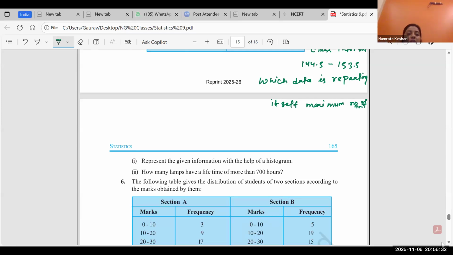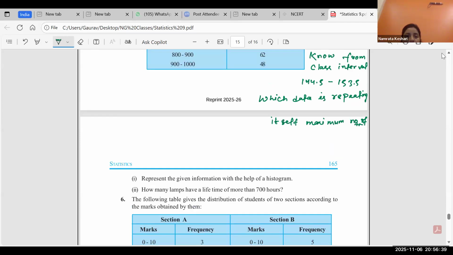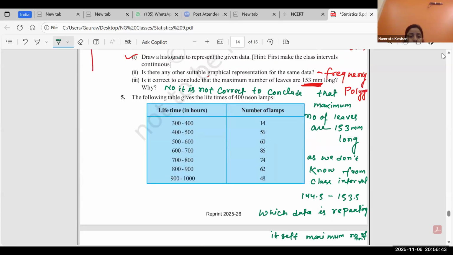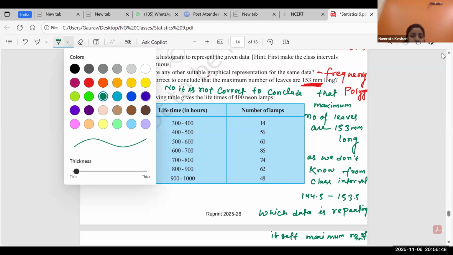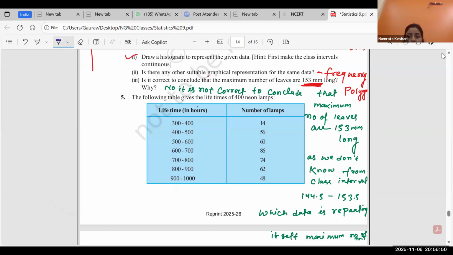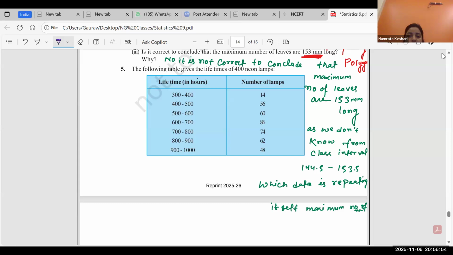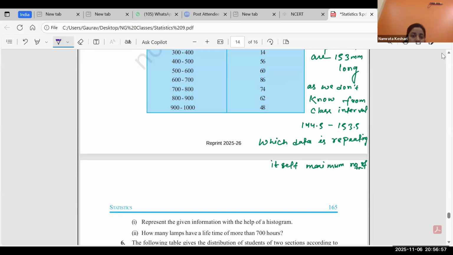Now it says how many lamps have a lifetime of more than 700 hours. Here we will be able to find approximately more than 700. This class interval we will be taking, because 700 is there, but more than 700 is also here only. Yes or no?